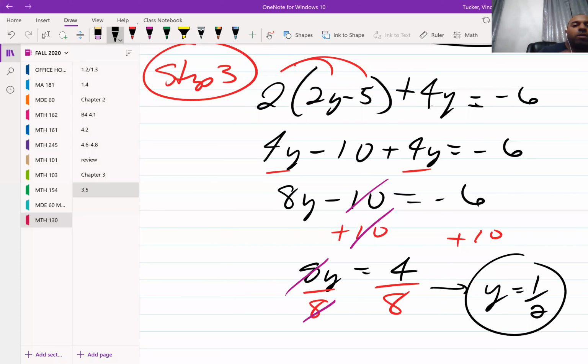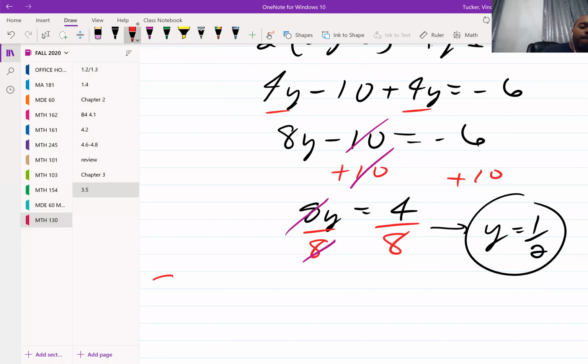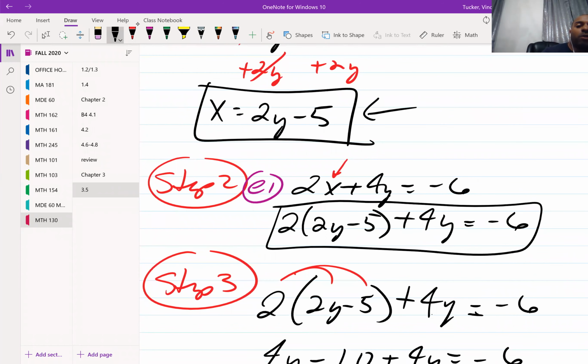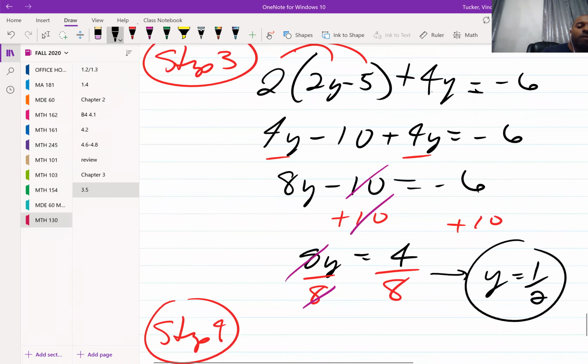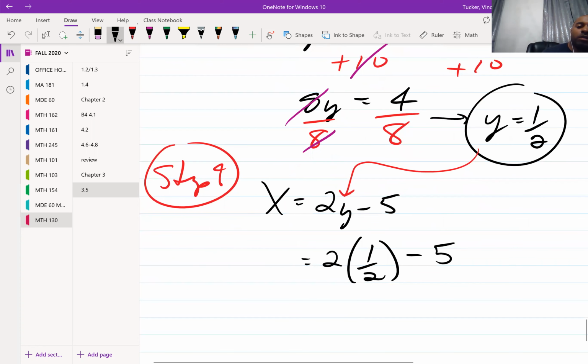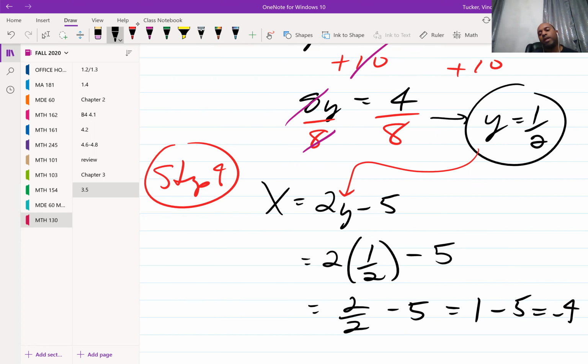Any questions? All right, so now step 4, we're going to take this value of y, plug it back into our equation from step 1. So you go back to step 1, and we have x already solved for. x is equal to 2y minus 5. So I'm going to take that y, plug it in right here. So 2 times 1/2, that's just 2/2, which is 1. And 1 minus 5 is negative 4.